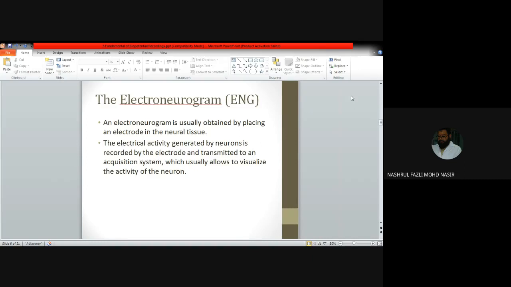So we are not going to go for direct invasive EEG like that. We are trying to understand the fundamentals, the basics of it.